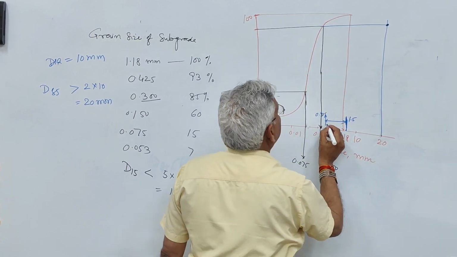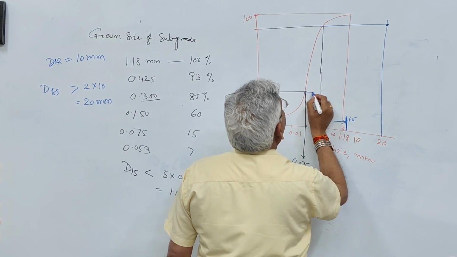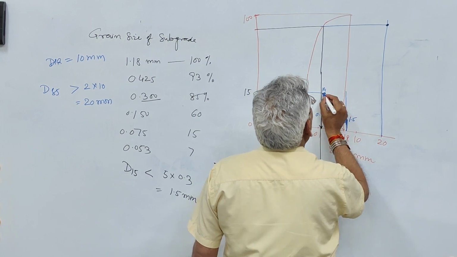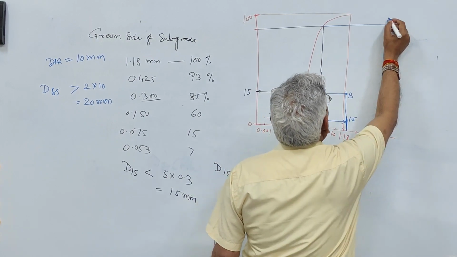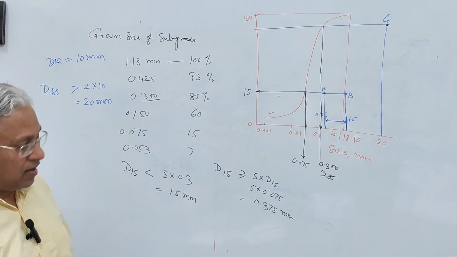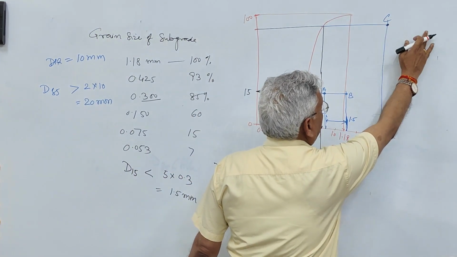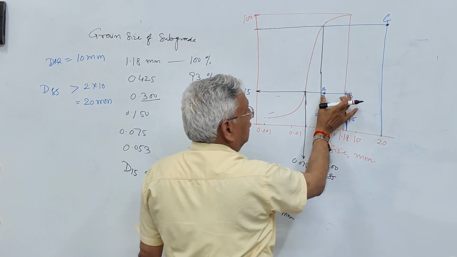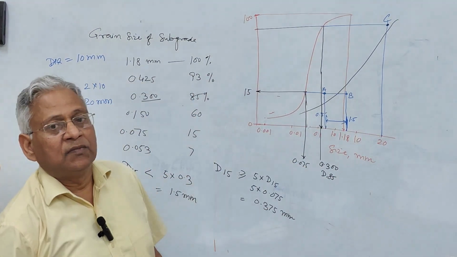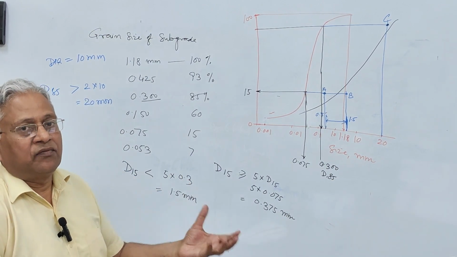Let us say this point is A, corresponding to D15. This point is B, corresponding to D15, and this point is C. So any material which satisfies this condition of gradation, with D85 beyond this and D15 between these, could be the gradation of the filter material. That is how we design the filter material for a subsurface drainage system.